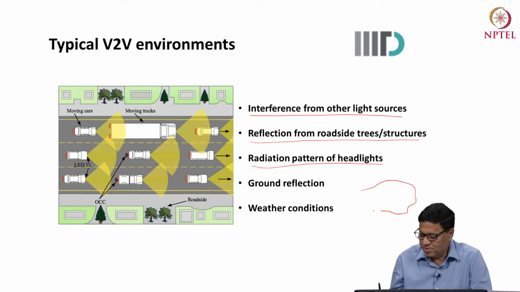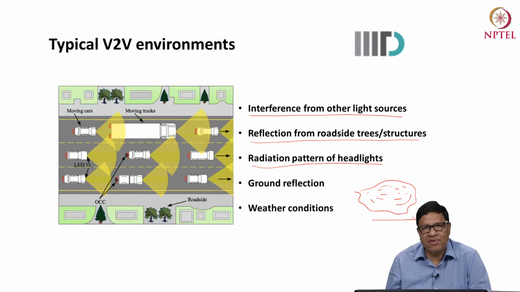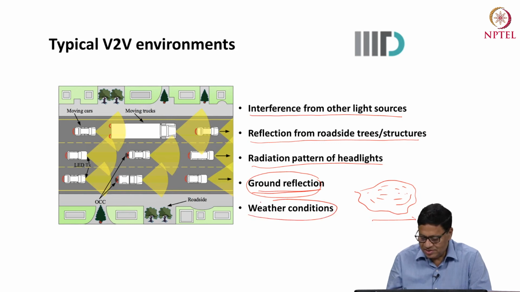It has an asymmetric pattern with different power levels depending upon where you monitor the power. So it has a pattern which is designed for road safety and for illuminating the road during night conditions. And then ground conditions: what is the surface of the ground or the road, what is the reflection coefficient of the road, whether it is diffuse or scattered, which depends on the quality of the road. And then weather conditions, because light communication will be impacted by the weather conditions.